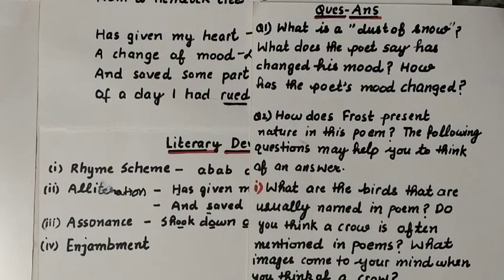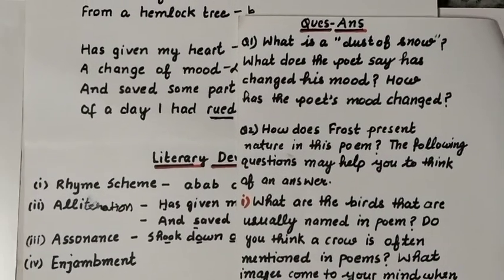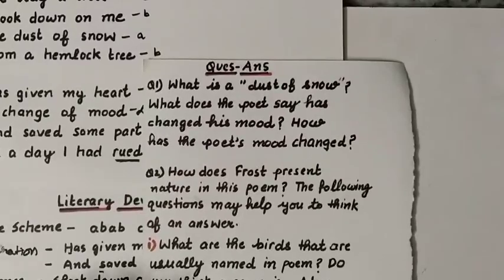The poet was in an awful mood when particles of snow had fallen on him. This changed the poet's frame of mind instantly, and his day got a lot better. Alright, so this is what the first question tries to express.